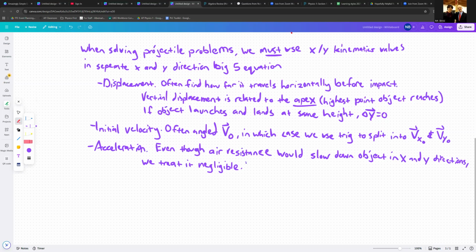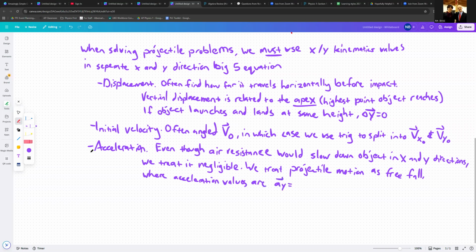In that case, in free fall, that's where the acceleration in the y direction is equal to gravity, because gravity is the main thing affecting the vertical direction.